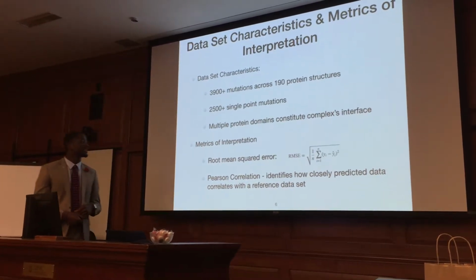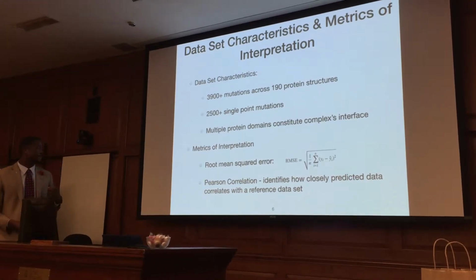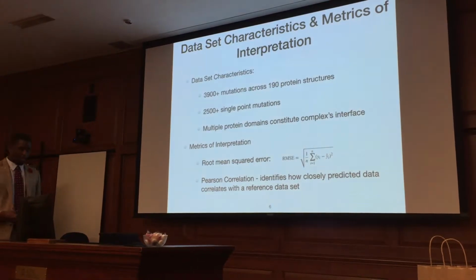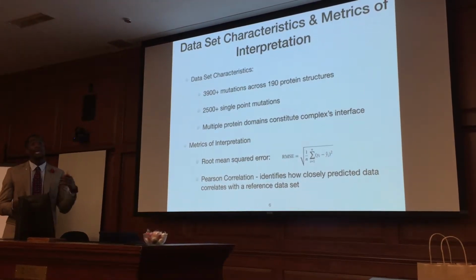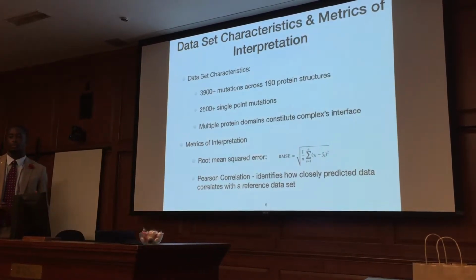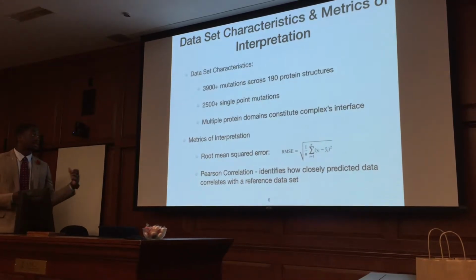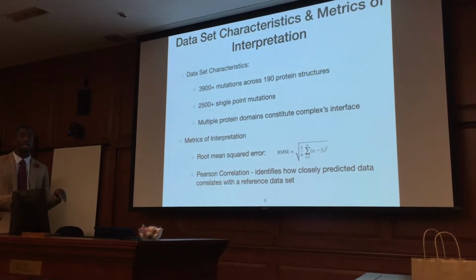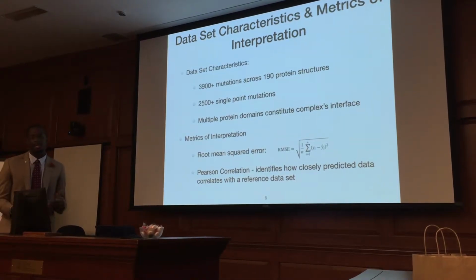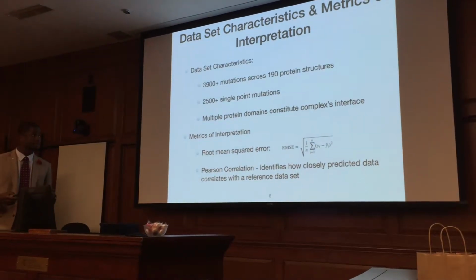So, some data metrics that I used to interpret the data was the root mean square error. From the data set, we have the actual relative binding energies of the mutations that we're putting into the protein structure. We can compare that to the predicted value that Rosetta predicts.